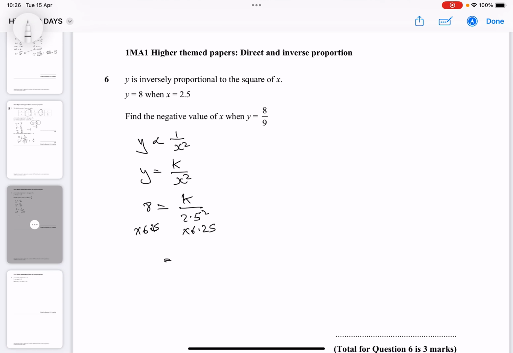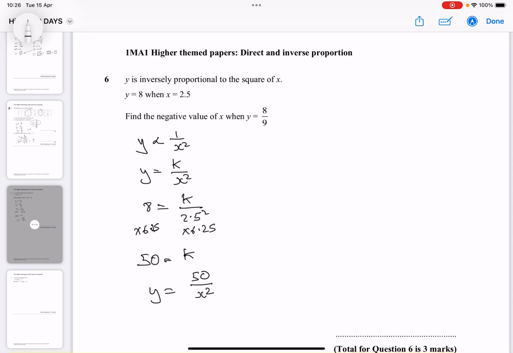And that means that k equals 8 times 6.25. 8 times 6 is 48, 8 quarters are 2, so that literally is just 50. So what I've got is y equals 50 over x squared.